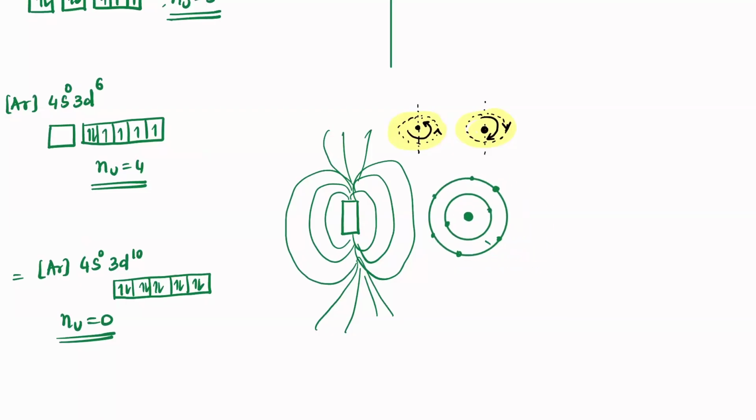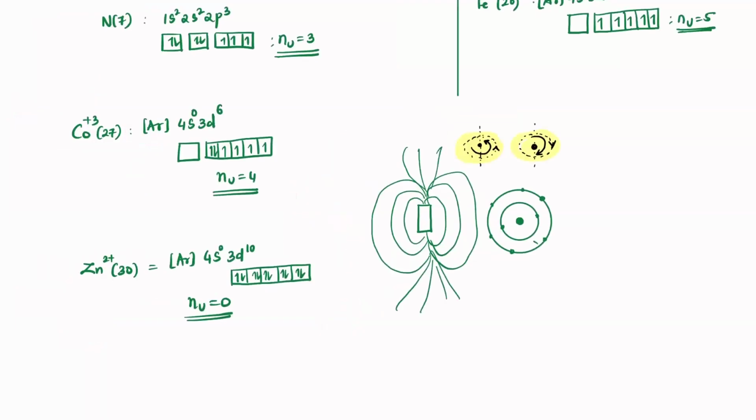On the contrary, it gets repelled and starts moving away from it. Why? Because there are no unpaired electrons which will match their field with the magnetic field and try to come closer to the magnet.